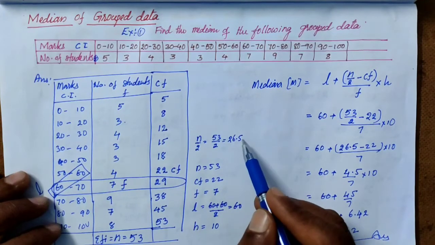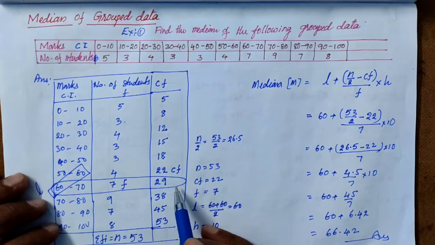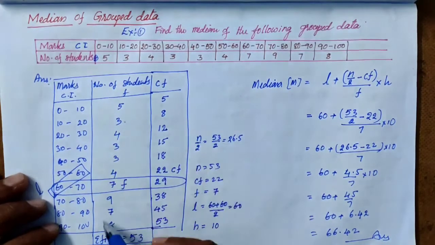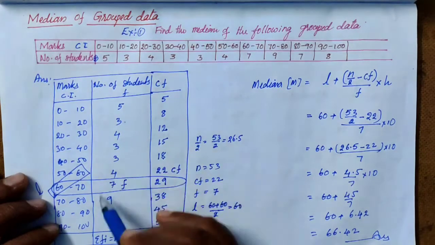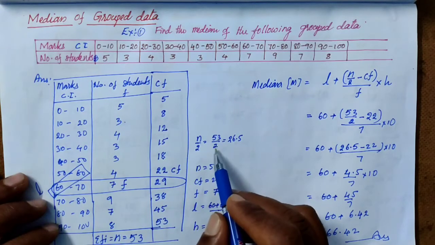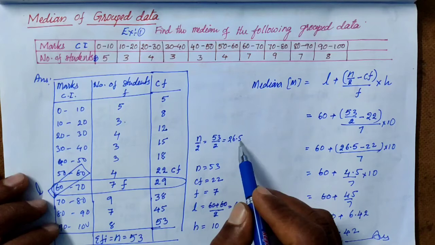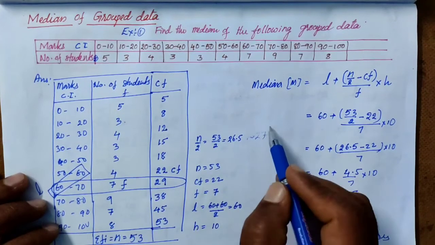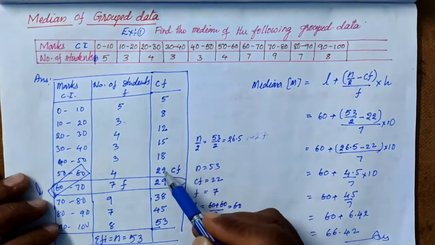How do we recognize the median class? We add all the frequencies, and in this case the sum of the frequencies is 53. So n by 2 is 53 by 2, which is 26.5, nearly equal to 27. The 27th observation is not in 22.